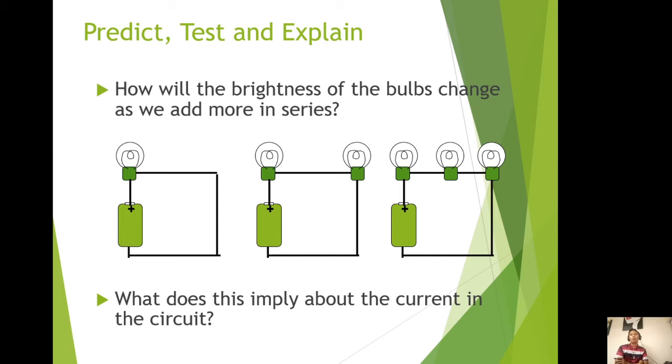What will happen if you add more and more bulbs is the brightness will gradually decrease.